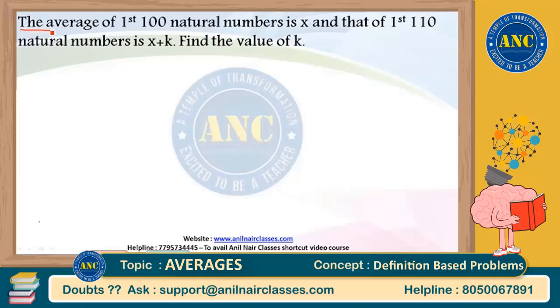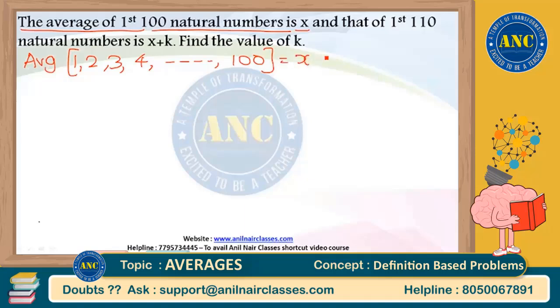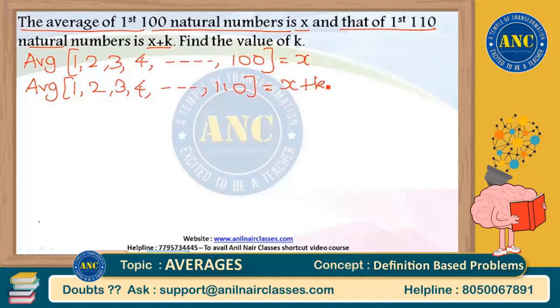The average of the first 100 natural numbers, 1, 2, 3, 4 till 100, is given as x, and that of the first 110 natural numbers is x plus k. Find the value of k.